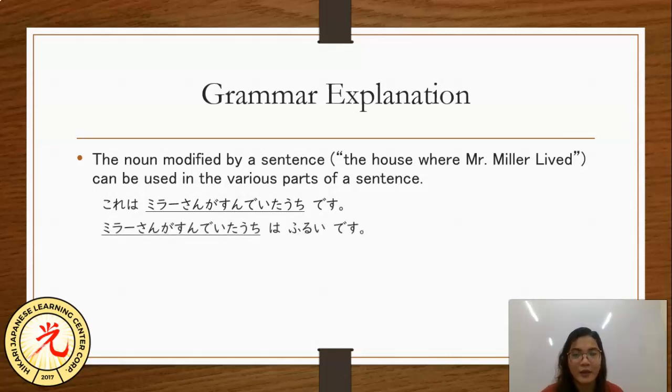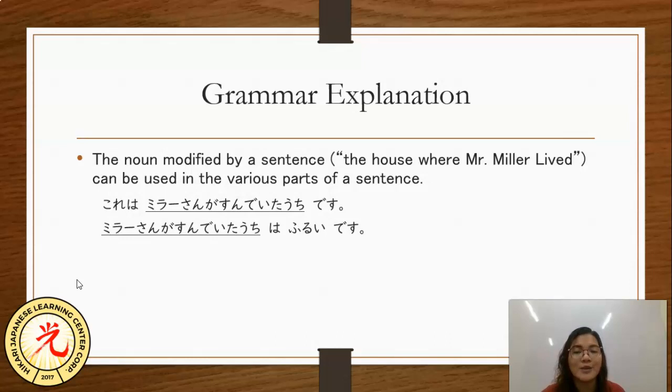Okay, another. Miraa-san ga sunde ita uchi wa furui desu. Okay. The house where Mr. Miller lived is old.